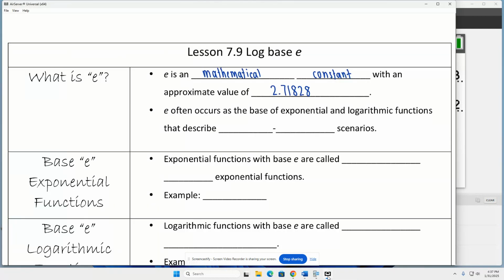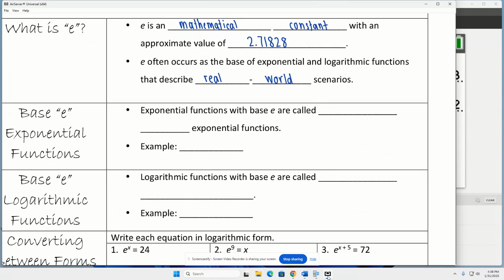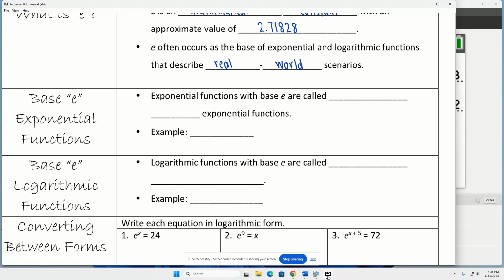Let's go on back to our notes. e often occurs as the base of exponential and logarithmic functions that describe real-world scenarios. One of them, of course, has to do with compound interest, which we talked about a minute ago, but in that video he mentioned how they figured out what e even was.